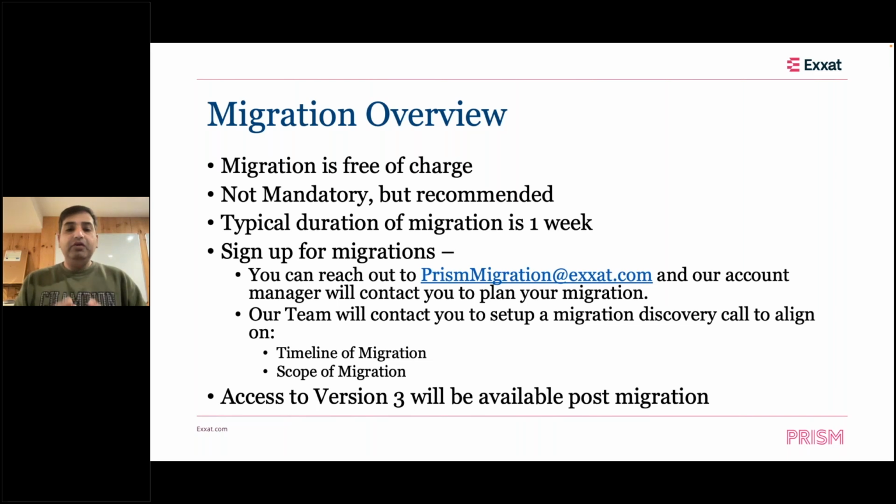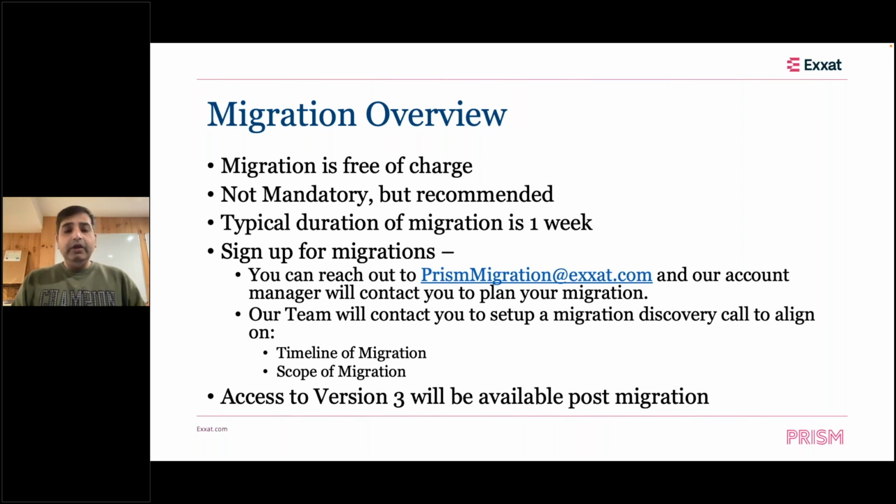If you are interested in migration, please reach out at this email address. Our account manager will schedule a call, and timelines and everything will be discussed during that call.